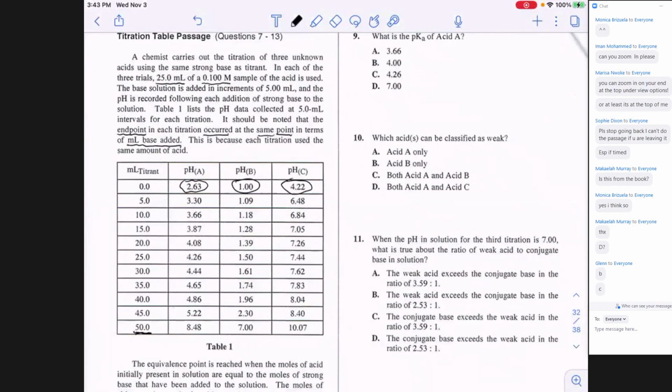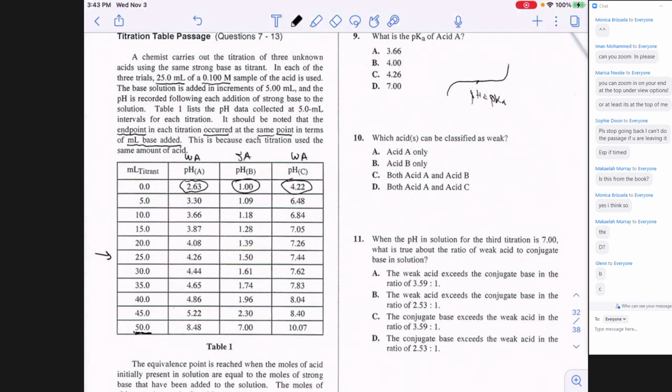So if we're looking at the pKa, we remember that during the half equivalence point, pH is equal to pKa. So half equivalence point is half of the 50, or at 25 milliliters for a weak acid. And we know A is a weak acid, right?